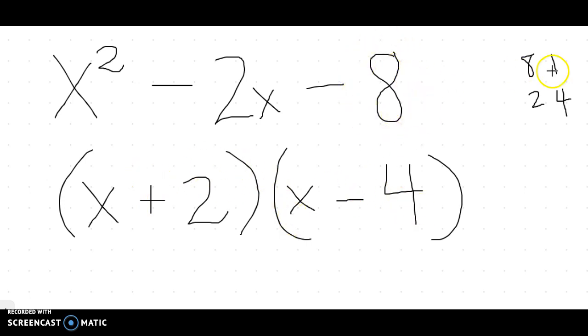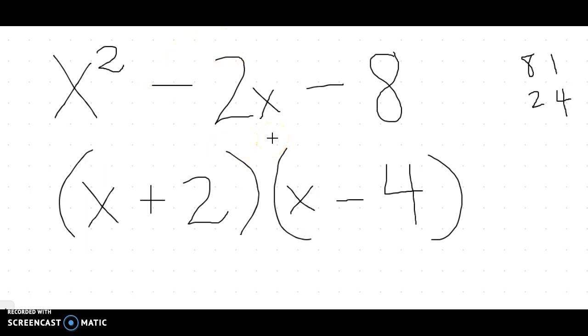And then I think about my different numbers that I could put here. What are the different numbers I could put here for my lasts that would give me a product for that C value that I need? And once I think about that, then I can think, well, which one is going to work, right? Which one of these is going to work so that when I have my outers and my inners, I get this overall value here that I'm looking for.